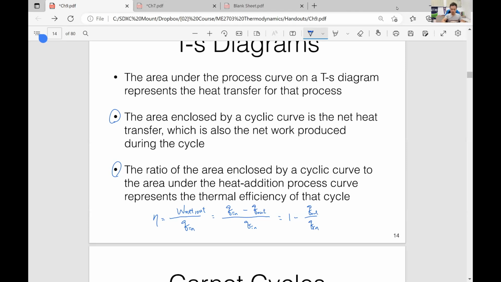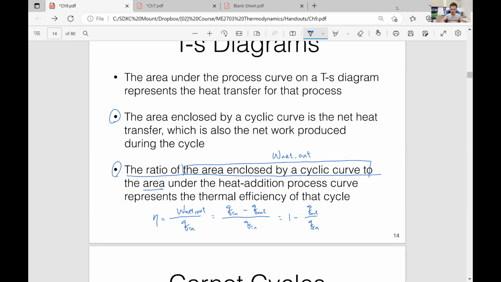Okay, so here says the ratio of the area enclosed by the cyclic curve. The area enclosed by a cyclic curve is actually the net work out in this case, right? To the area under the heat addition process.